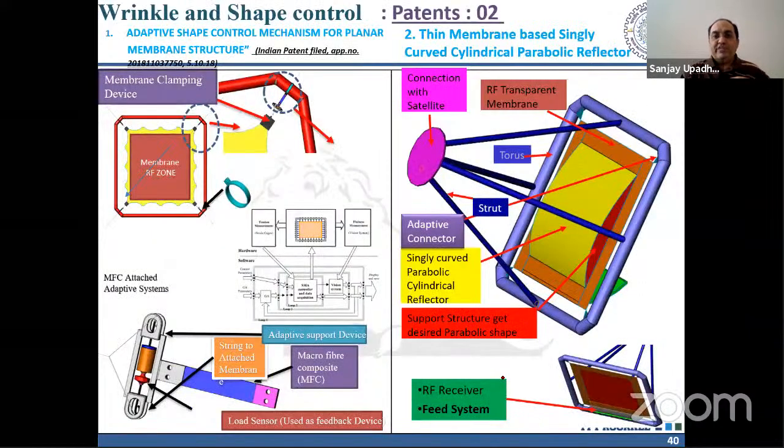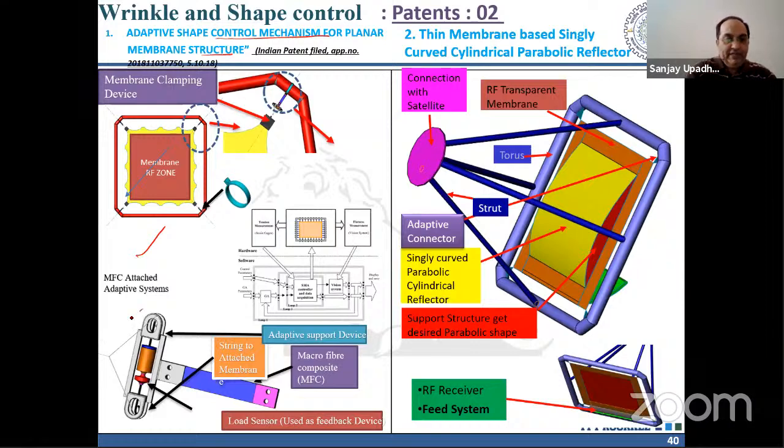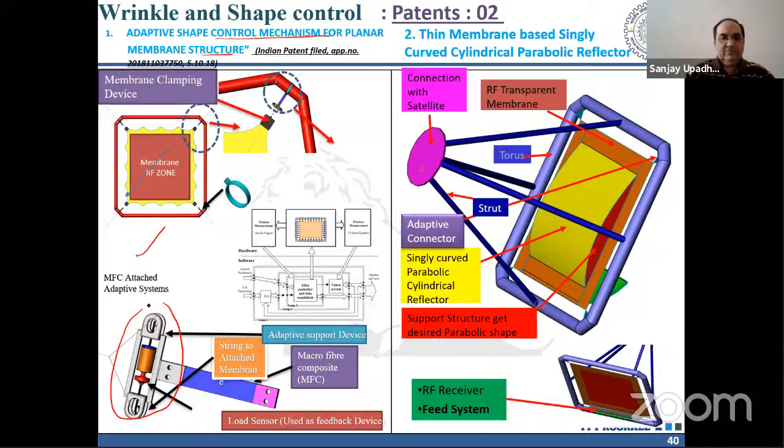Then we have filed 2 patents, as I told you, on wrinkle and shape control. So we have developed an adaptive shape control mechanism for planar membrane structures. This is the complete control mechanism where we have used a microfiber composite, MFC, with a string attached to the membrane here. This is the load cell, the load sensor we can say, and this is the adaptive support device.